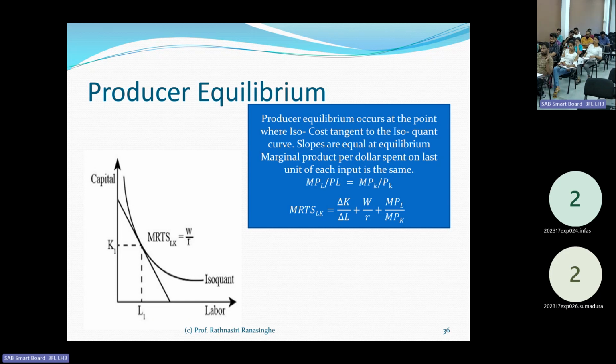The producer always tries to minimize the cost. So at the intersection point, the equilibrium point, that gives the cost minimizing output level. Therefore, this explains the economic efficiency.